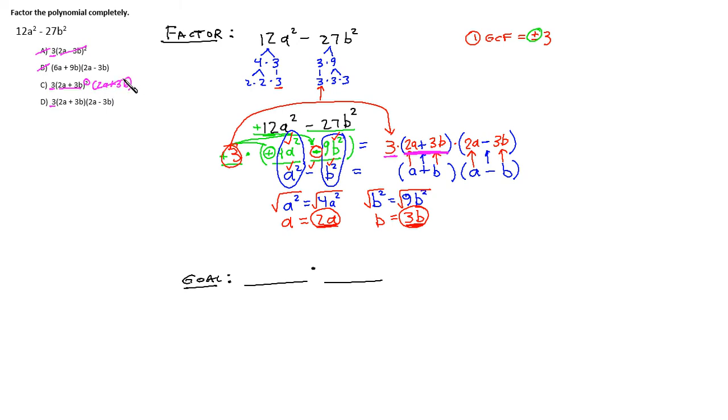And that's not true, because our other factor is 2a minus 3b. So now we eliminate answer choice C, and what do we find? 2a plus 3b appears in answer D, and 2a minus 3b also appears in answer D. So our correct answer choice is definitely answer choice D. It has all of our correct factors in it.